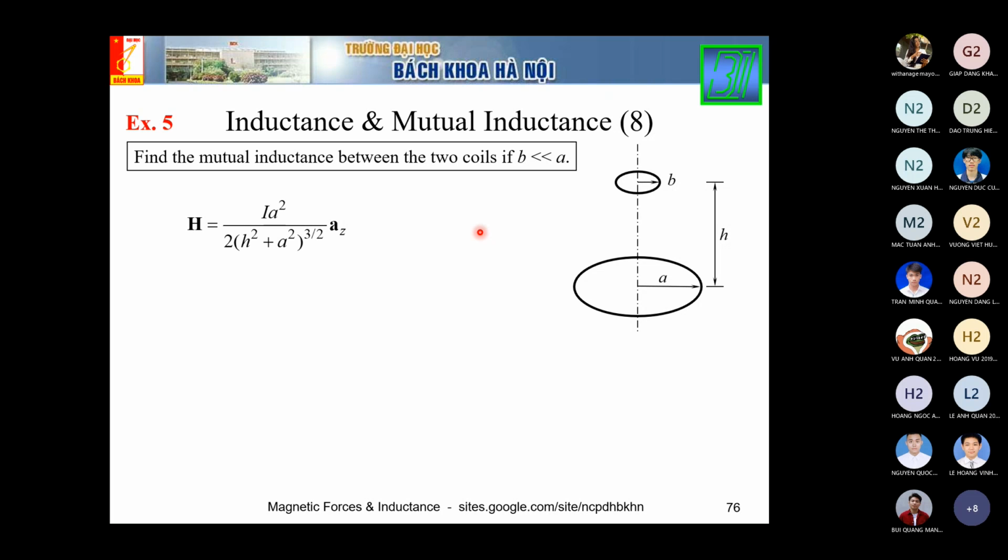From the very beginning of the steady magnetic field session, we knew the magnetic field H at any point alongside the symmetric axis.